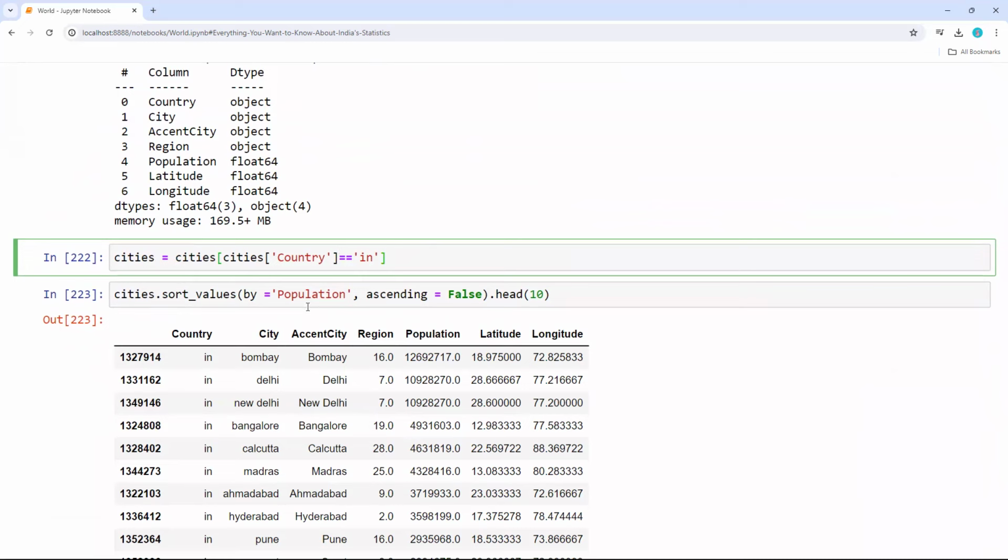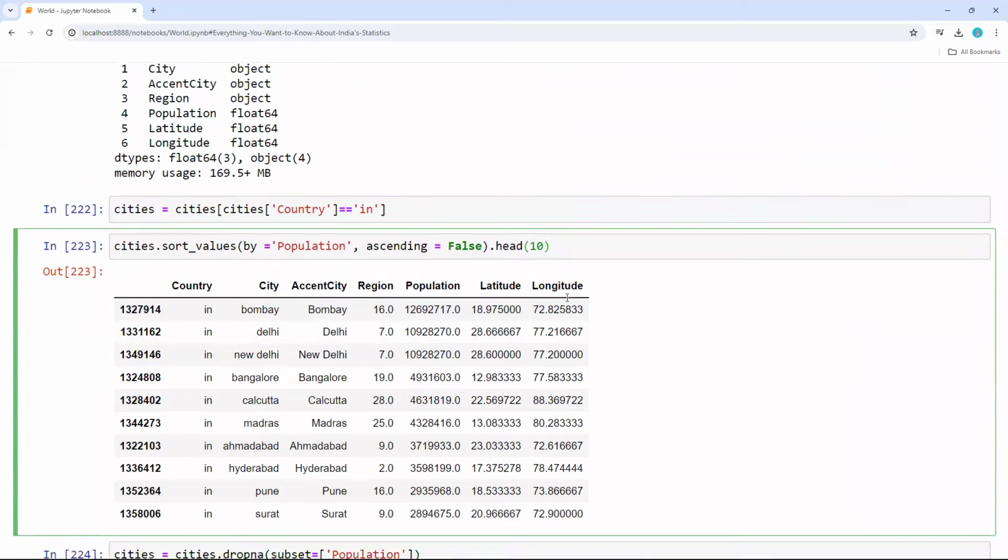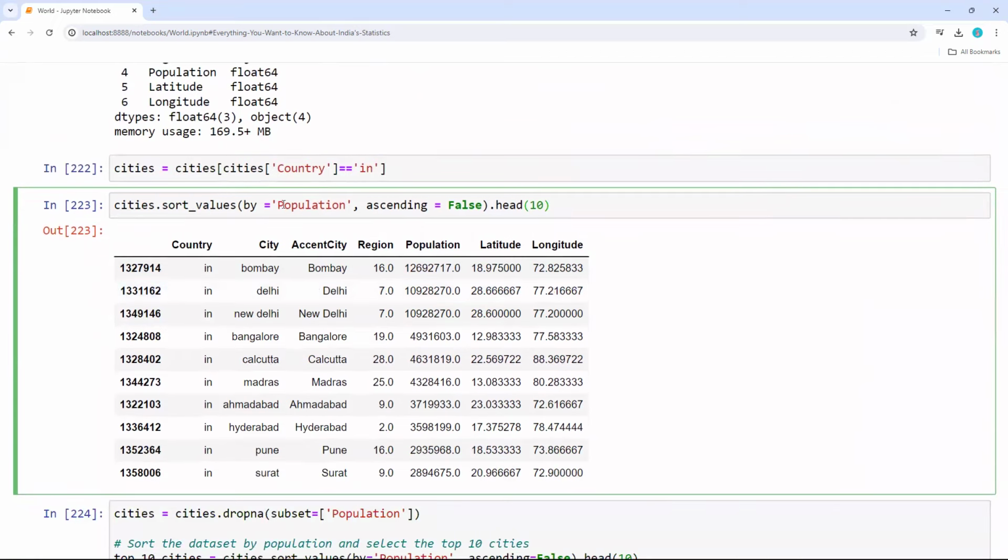Because I wanted the top 10 most populated cities in the country, I just gave this function sort values. I'm sorting the values by population in a descending order, and I wanted the top 10 entries. So here you can see Bombay is the most populated city in the country.